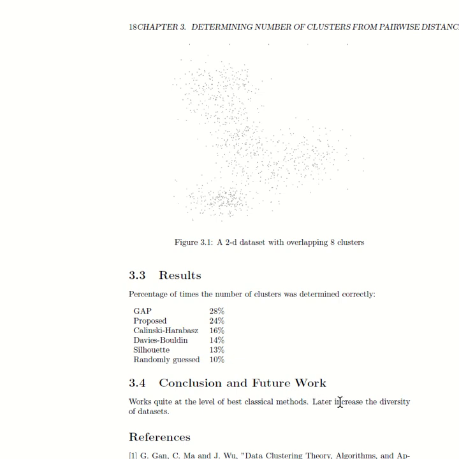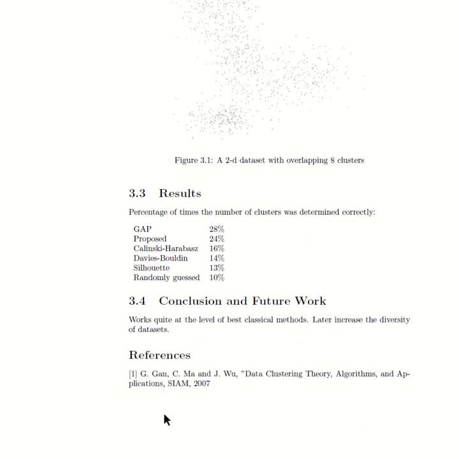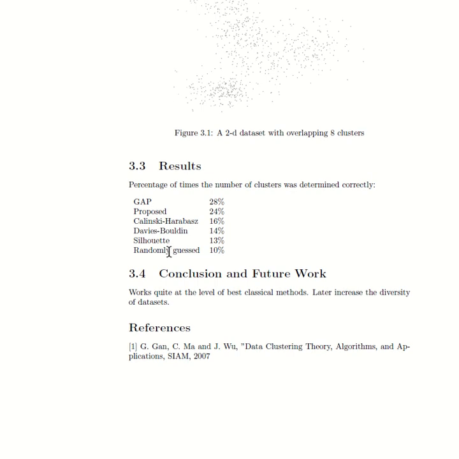And further work later increased the diversity of datasets, so increasing the dimensions, for example. And if you're interested in these other methods, you can find from this book explanations for these other methods.